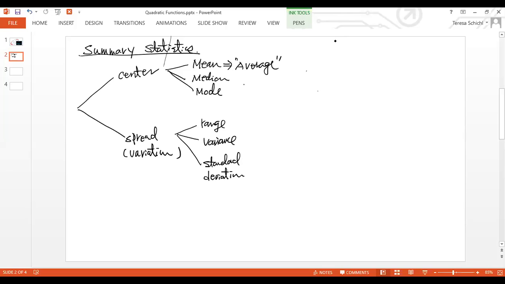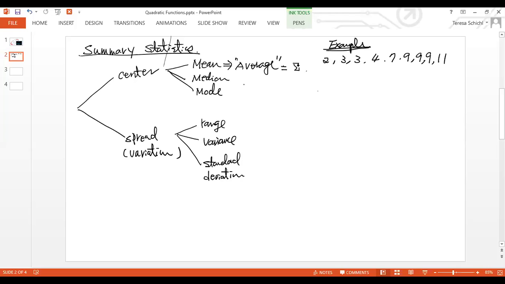Let me give you an example, then you will know what the mean is. Say I have a data set: 2, 3, 3, 4, 7, 9, 9, 9, and maybe 11 here. So what is the mean? I'm just averaging my data.